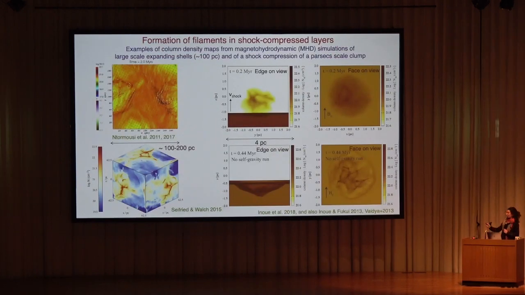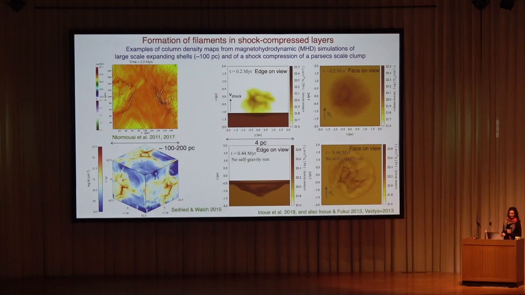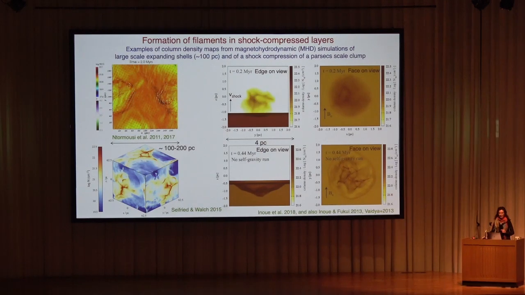So for instance, if you look here, you have a parsec scale clump where filaments form. The longest filaments that you can form in such a clump are parsec scale length filaments. If this clump is larger and the shock compression forms filaments at that larger scale, then you would expect to see larger scale filaments.